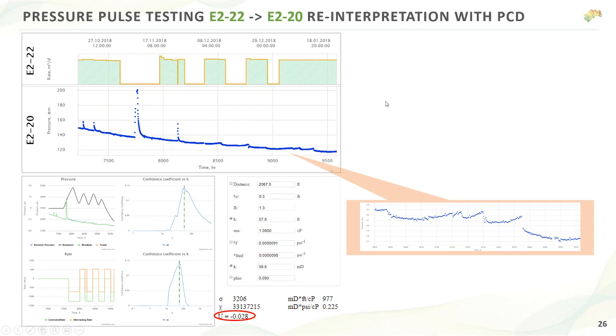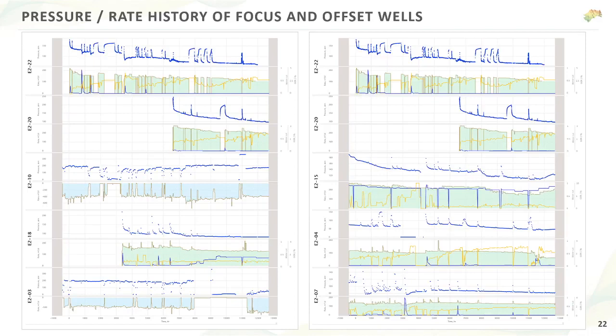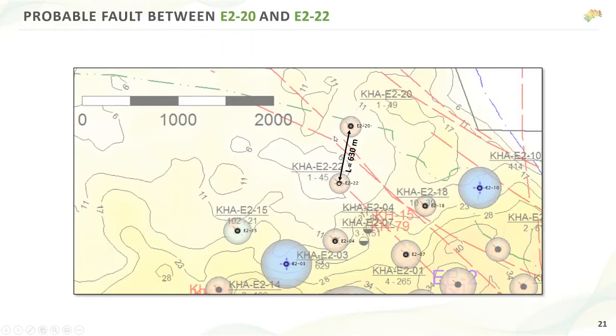But again, summing up all our findings, we can say with high confidence that these two wells are actually not connected through the reservoir, and there is, after all, a sealing fault between them.